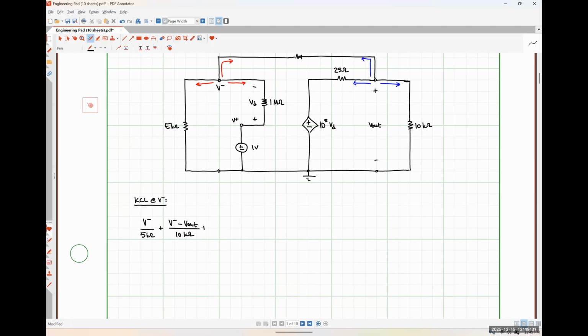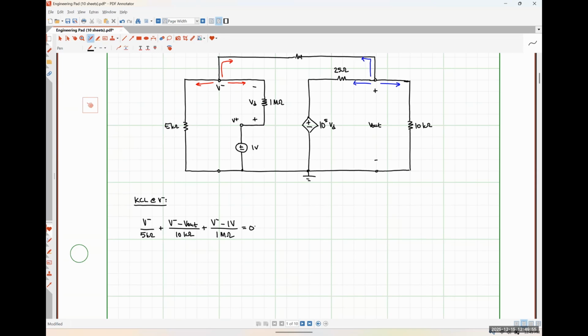And lastly, the current flowing to the right is going to be V minus minus V plus, but V plus is just 1 volt with respect to ground. So I'm going to write that as V minus minus 1 volt over 1 mega ohm is equal to 0. Okay.